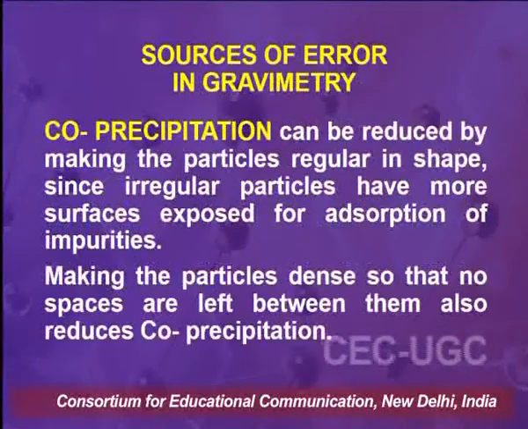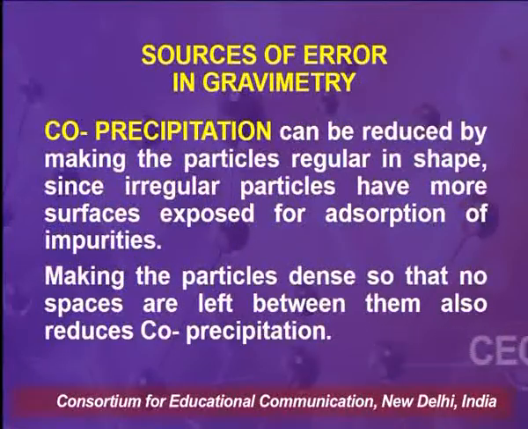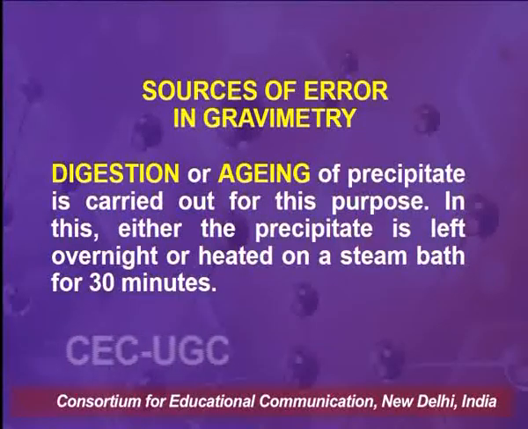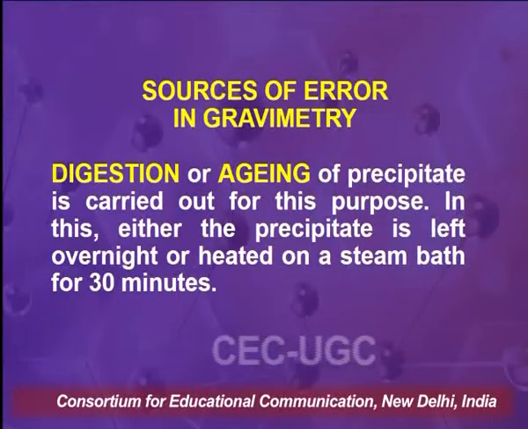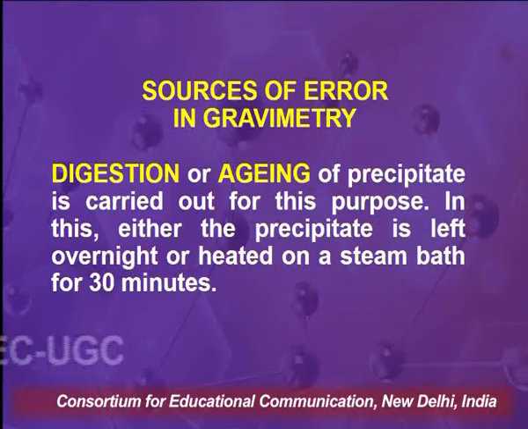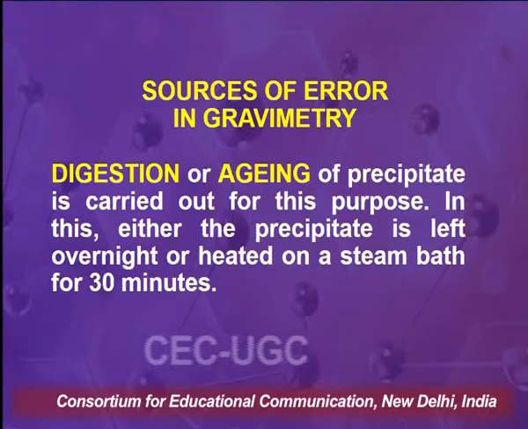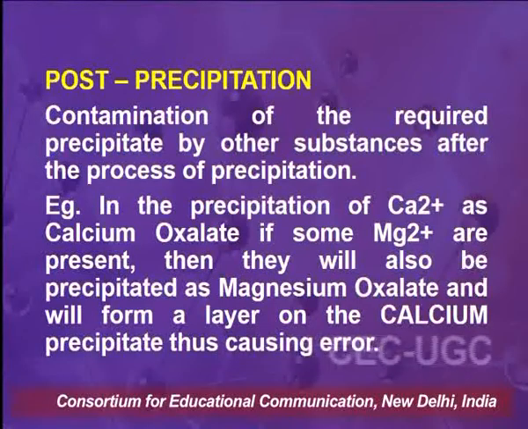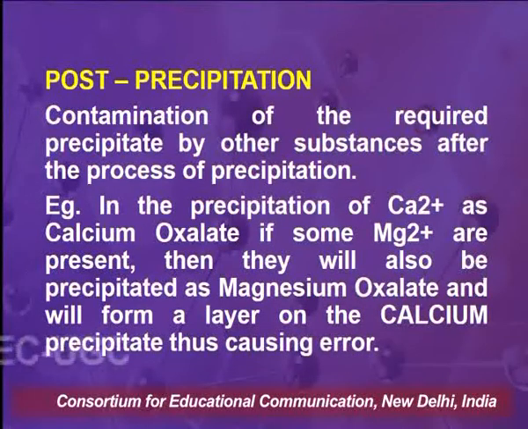For carrying out this regularity in shape and also for making the particles dense, digestion or aging of the precipitate is carried out. In this, either the precipitate is left overnight or is heated on a steam bath for 30 minutes.